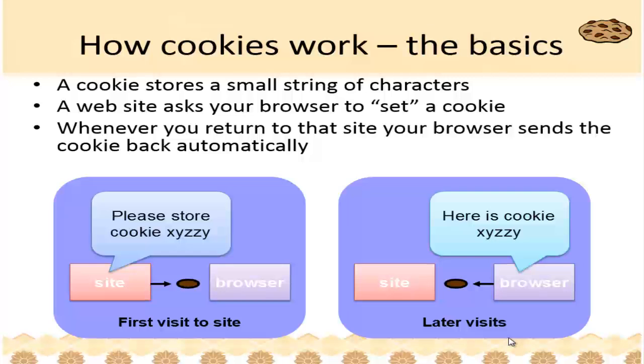The important thing about the cookie is it's a small piece of text and it has an expiry. So after the expiry date has been reached, the browser automatically deletes the cookie and it will not give any message to the server indicating whether it has deleted or kept it.